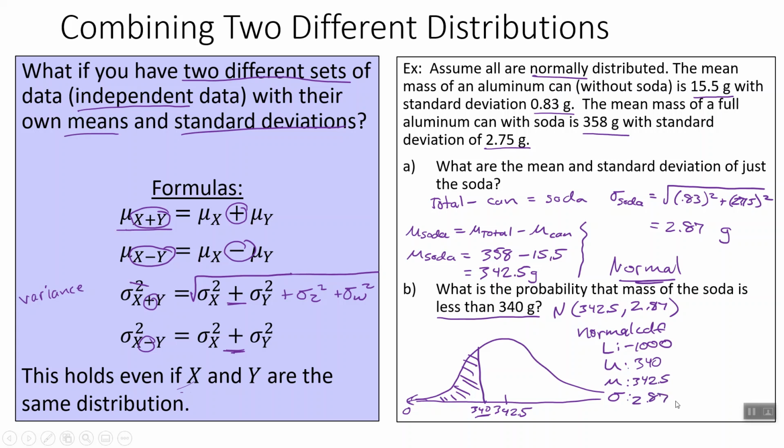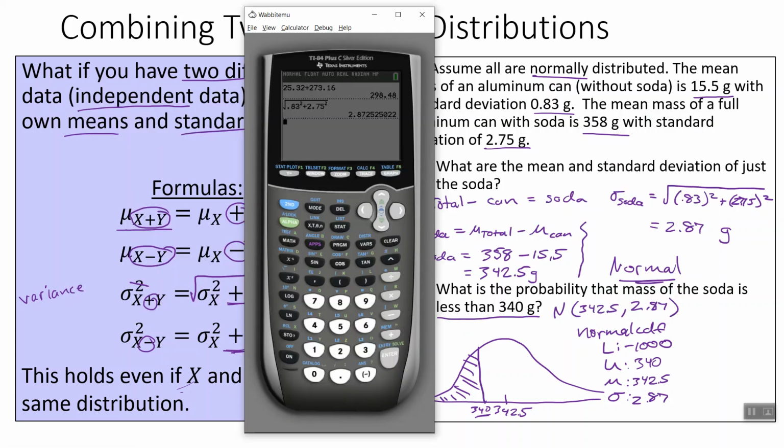So second distribution, normal CDF: negative 1,000, 340, 342.5, and 2.87.